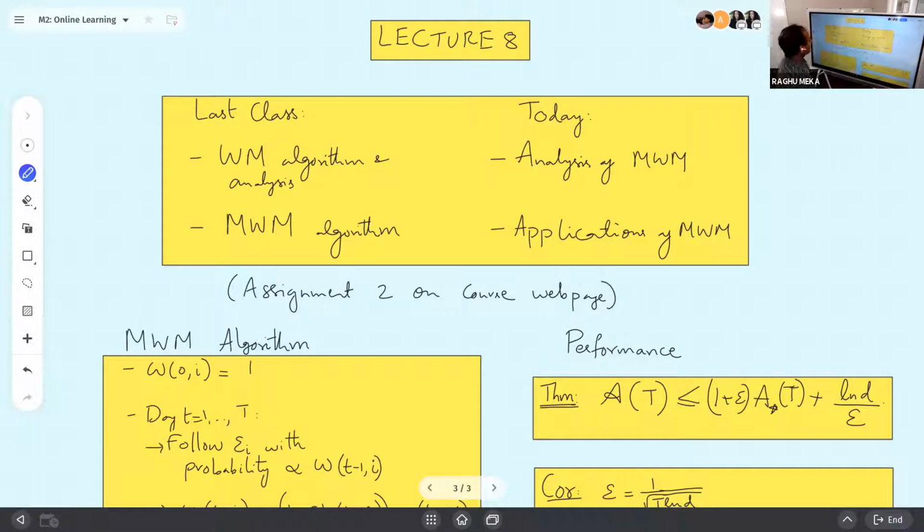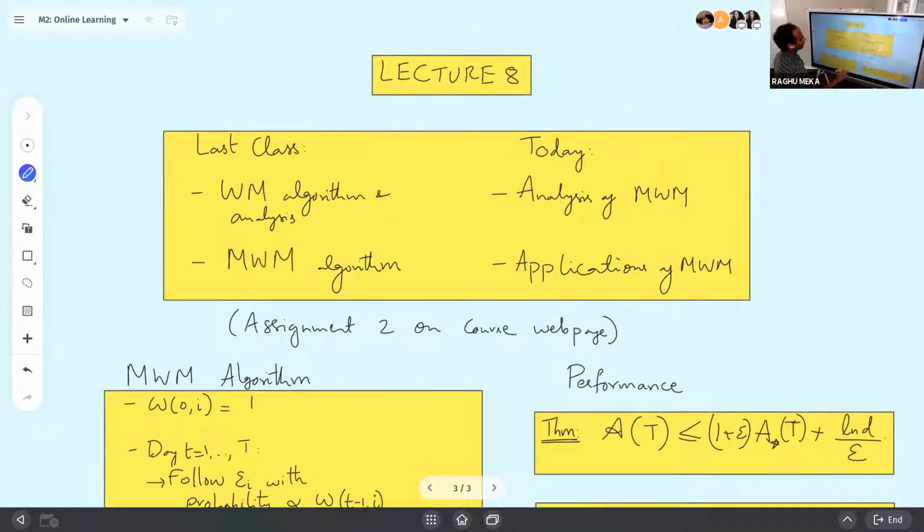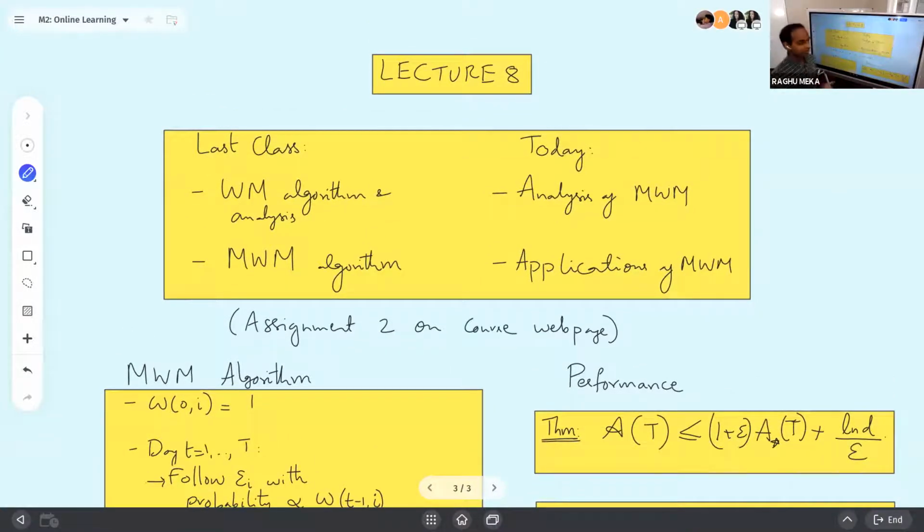Okay, so last class we continued our discussion on online learning algorithms. In particular, we talked about the weighted majority algorithm, which gave us some bounds on the regret. It was getting a factor of 2.4 plus something over what the best expert does. But it is not a no regret algorithm in the sense that we defined.